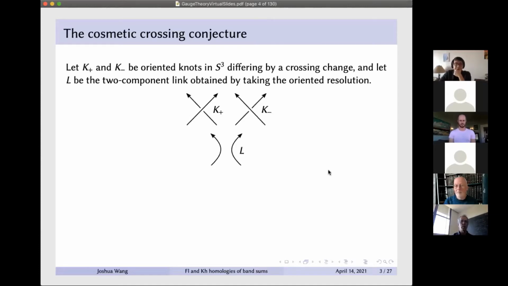Okay, so here's my setup. I've got two oriented knots, K plus and K minus, inside the three-sphere, and they differ by a crossing change. So outside of a ball, they're the same. And inside the ball, K plus is a positive crossing, K minus is a negative crossing. And I'm going to then take the oriented resolution of that crossing, and I'll get a two-component link, and I'm just going to let L be that two-component link.